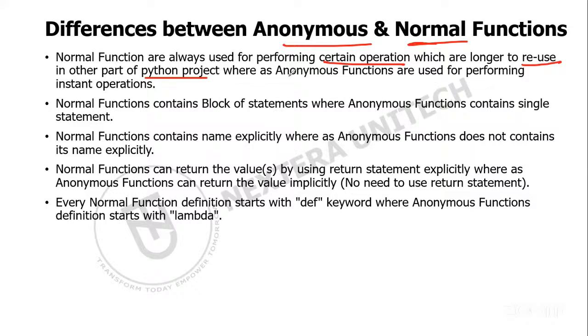But when it comes to anonymous functions, the lambda functions, they are generally defined for instant operations. The main difference: normal functions for reusability, anonymous functions for instant operations.